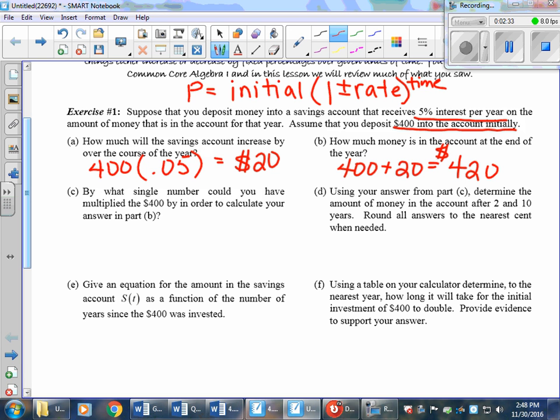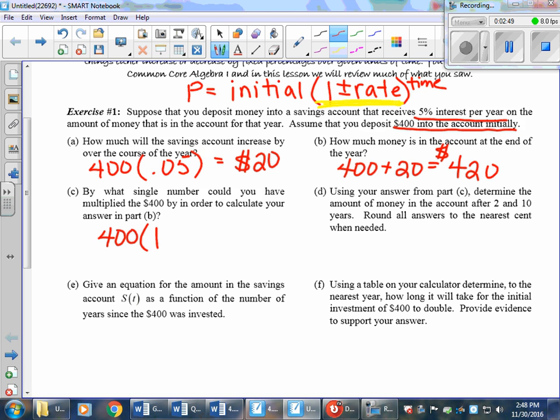So if you take that 400 and you multiply it not only by the 0.05, but I'm going to remind you back up here where I put 1 plus the rate at the top, that 1 gives me my initial amount back again.